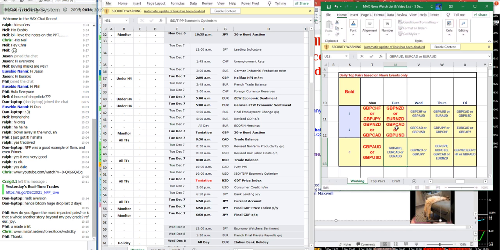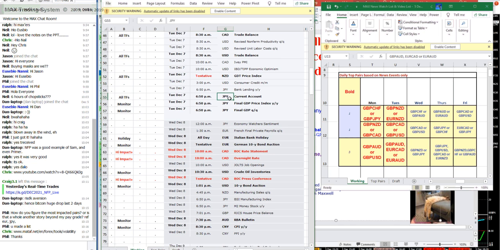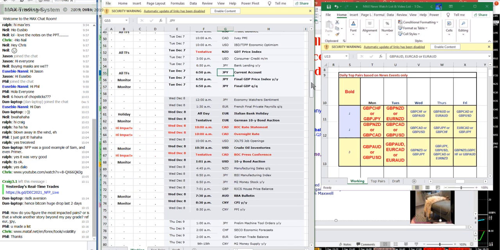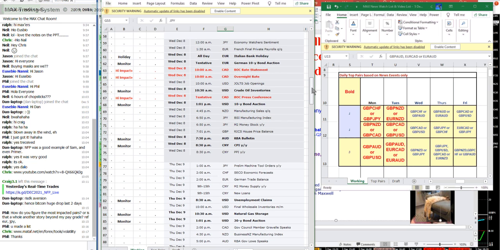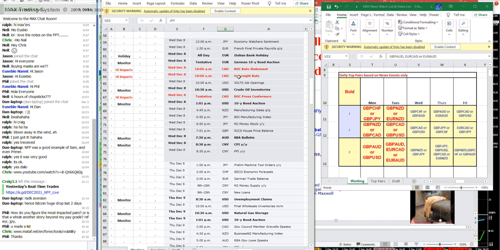Okay. And for leftovers from Tuesday, it's still the Kiwi, because we don't know if it comes up. The yen, okay. And on Wednesday we've got the CAD, high impact. The CAD, okay. That's it.